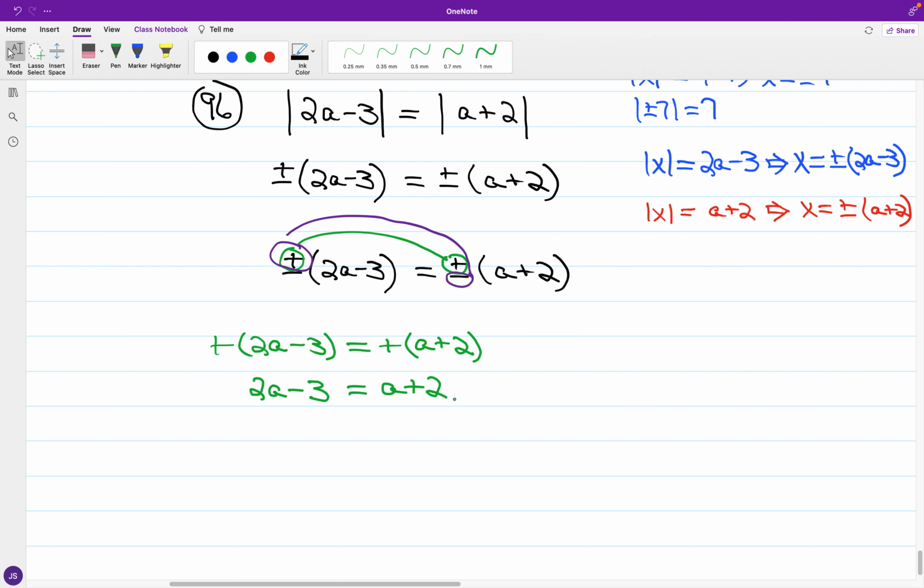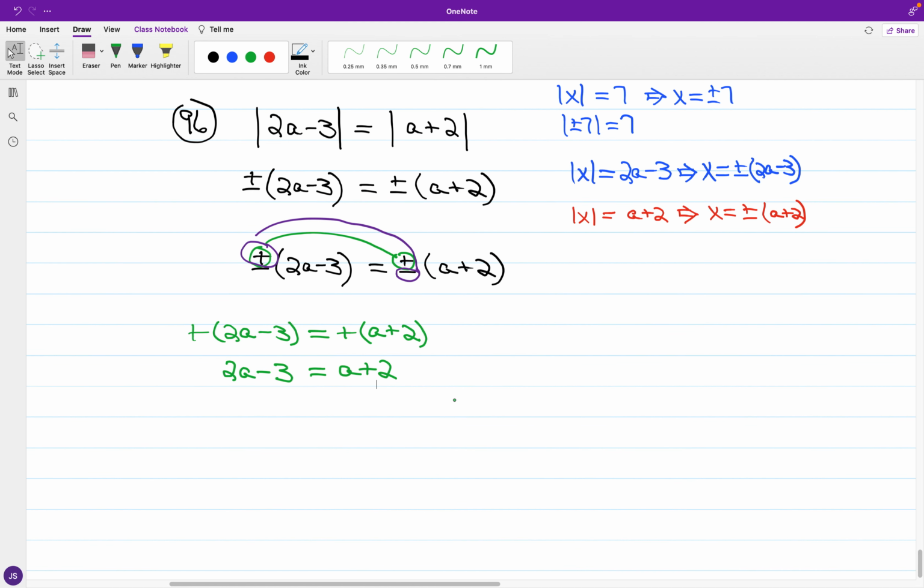Okay, so I'm down to 2a minus 3 is equal to a plus 2, and looking at solving for a, if I take away a from 2a, we have a minus 3 is equal to 2, and if a minus 3 is equal to 2, we have that a is equal to 5.